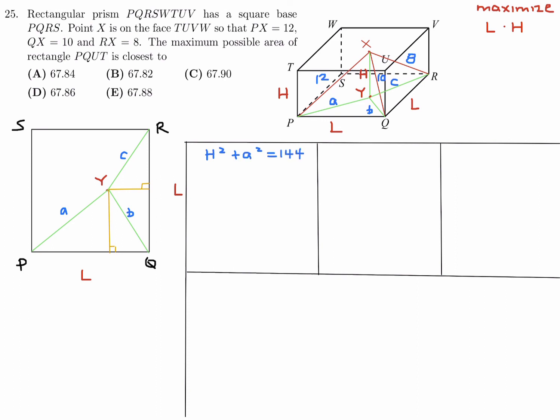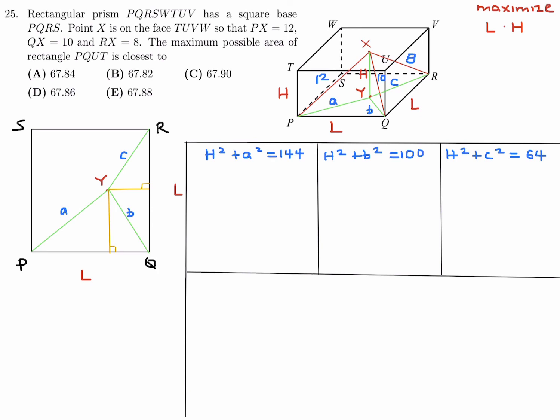The next one would be this one right here: h squared plus b squared is equal to 10 squared, which is 100. And then the other one would be right here, which is h squared plus c squared is equal to 8 squared, which is 64.